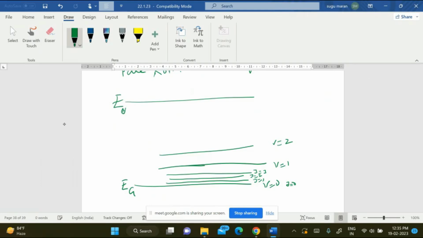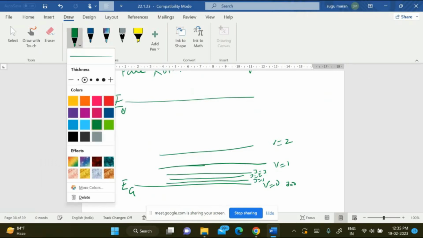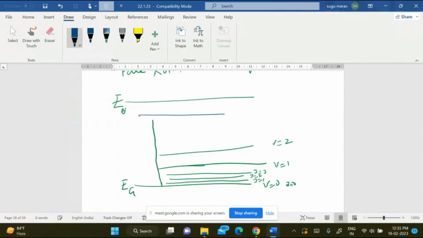But when it comes to rotation levels, J0 alone is not highly populated. That distribution can be varied. Suppose a molecule in the J0 state goes to my virtual state, and then returns to the same state.